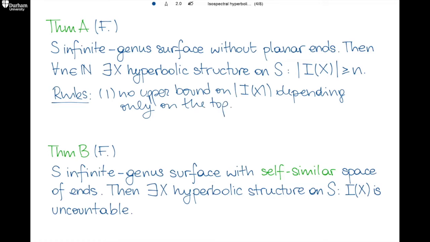This is the first difference. And something else I'd like to mention, it's not very important, but actually I can prove more in the sense that I can prove that these surfaces fit in infinite dimensional families. So there's actually infinite dimensional families of such surfaces.